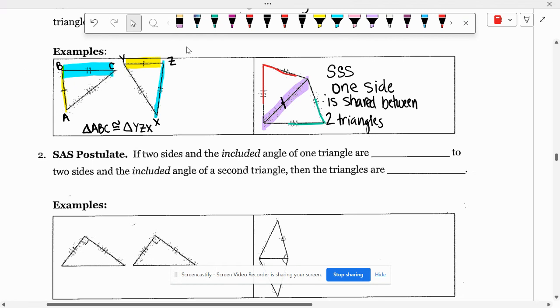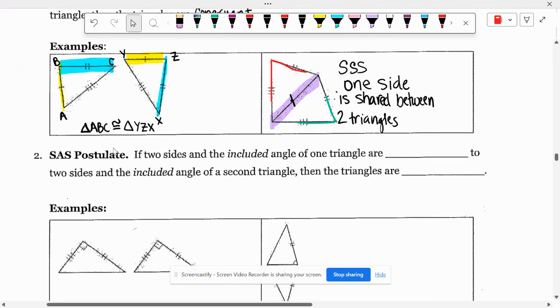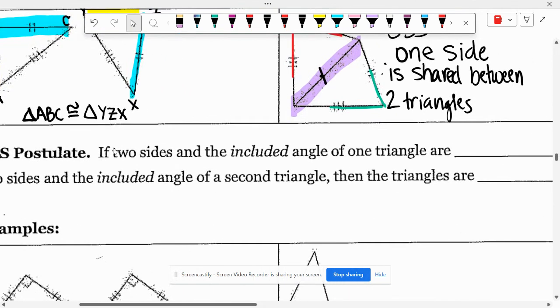But there is another postulate that we use to prove that triangles are congruent to each other. And it's the side-angle-side postulate.